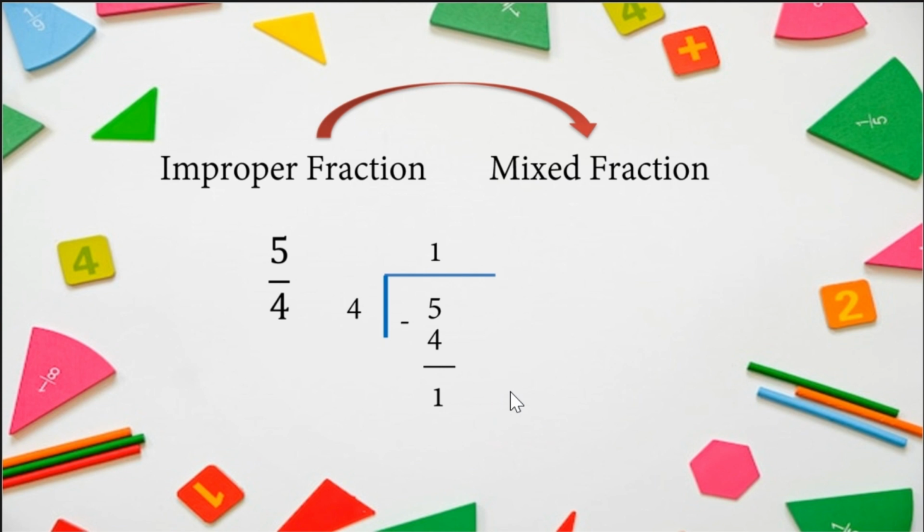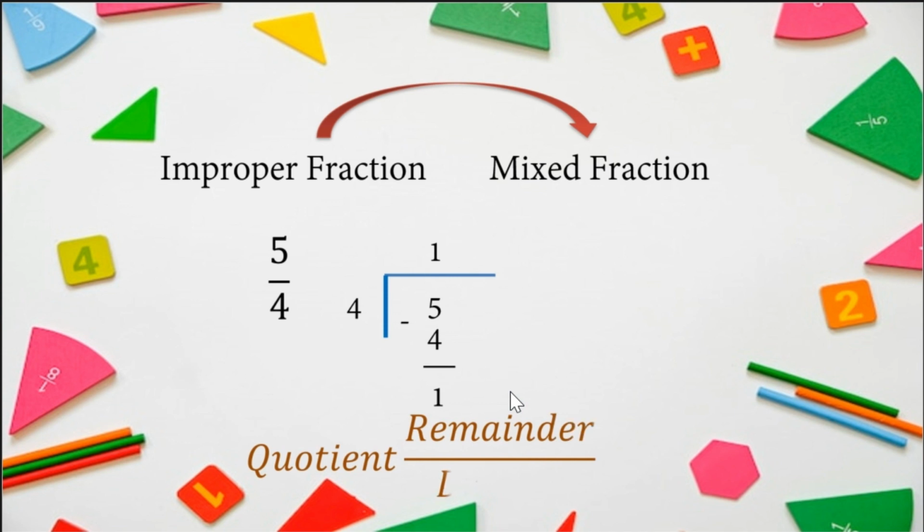The order to write it is: first write the quotient, then write the remainder upon the divisor. From this division we know that the quotient is 1, so first we write 1. The remainder is again 1. So the whole number is 1 here. Then 1 upon 4 gives the mixed fraction. 1 1 upon 4 is the mixed fraction for 5 upon 4.